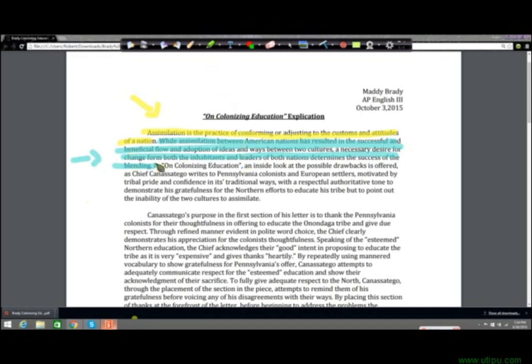And then here in the green, I'm just going to put brackets here because it'll be faster. Here in the green, this is the kappa sentence. Now your kappa sentence should cover the author's motives, their audience that they're writing to, and then their rhetorical strategies, and then the purpose. So motives, the audience, the rhetorical strategies, and then the purpose.